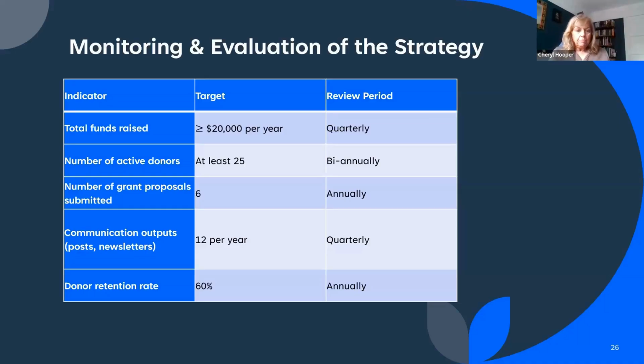So if you put in benchmarks that you can monitor, then this can also form the basis of work reviews with your fundraiser and other members of your team. So you can then start looking at these as benchmarks when you start doing performance reviews with whoever's doing your fundraising.